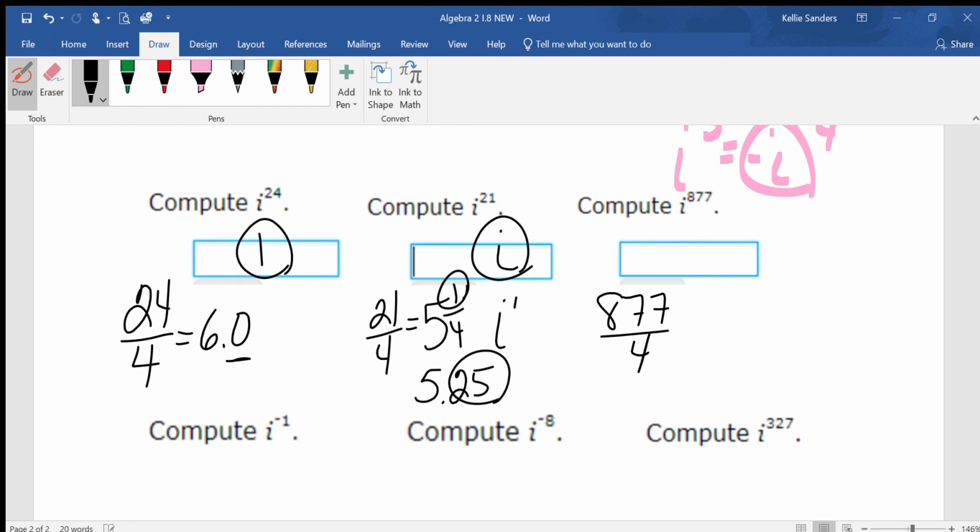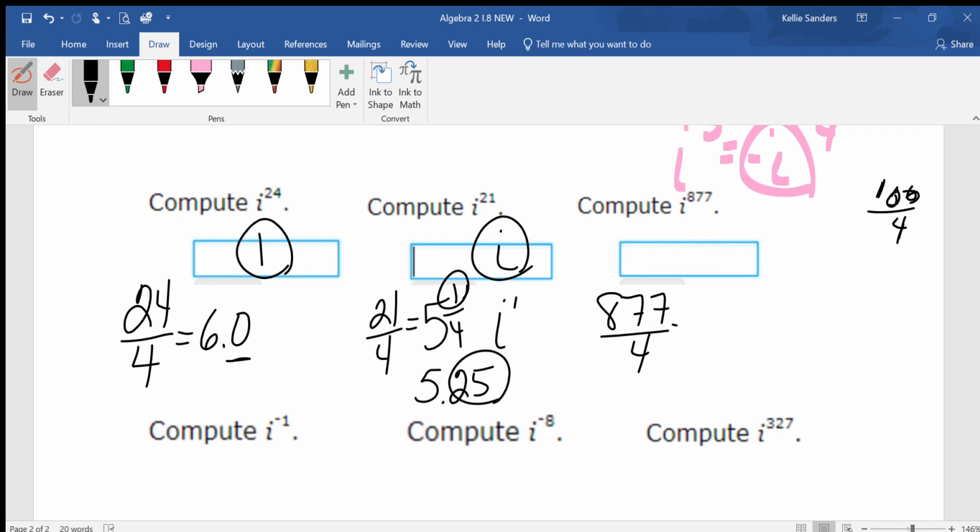877 divided by 4. Okay. You can either get a calculator, which I don't have right now, but I do know that every group of 100 is a group of 4 because 4 goes into 100 25 times.